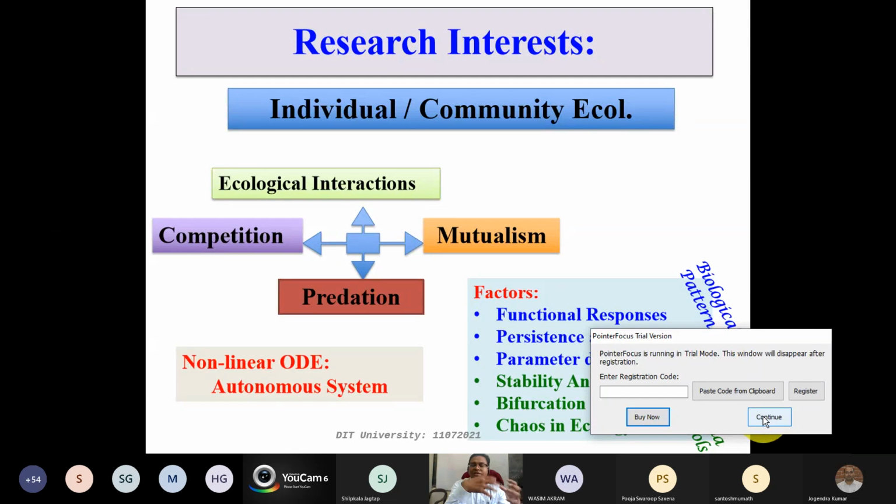So modeling all the time needs nonlinear differential equations, and generally we are dealing with autonomous systems. So what is an autonomous system? When your ordinary differential equation or system of ODEs does not explicitly have the independent variable on the right-hand side. Suppose dx/dt equals f(x) or f(x,y), right?